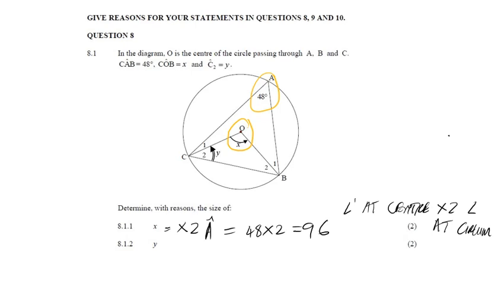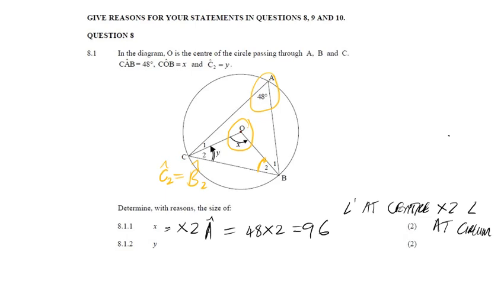Then let's go to y. So what is the angle of y? Let me tell you, angle y is the same as this angle. So you see you've got two of them. You've got angle C2, which is equal to angle B2. This is a triangle.